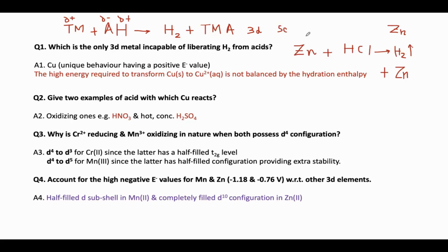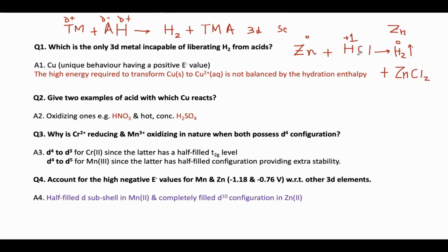That's why from zinc 0, it goes to zinc +2. This is an oxidation from zinc to zinc +2, because zinc is a reducing agent and it reduces the acid, that is HCl. It is H+, so it has a +1 charge, and from +1 it liberates the 0 state H2.